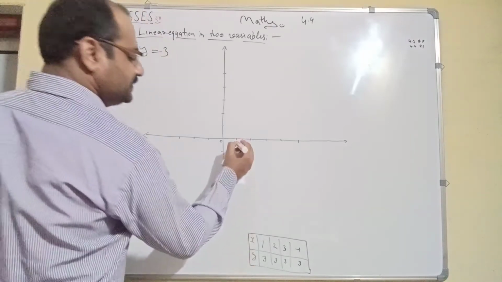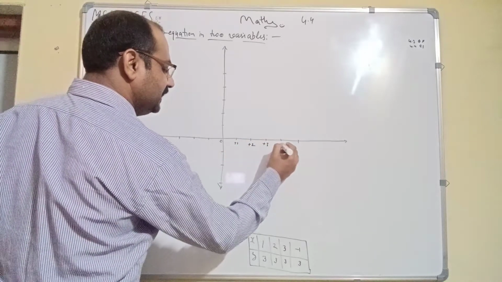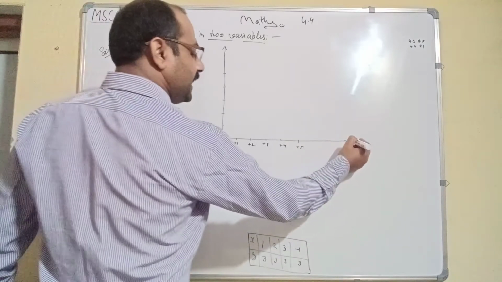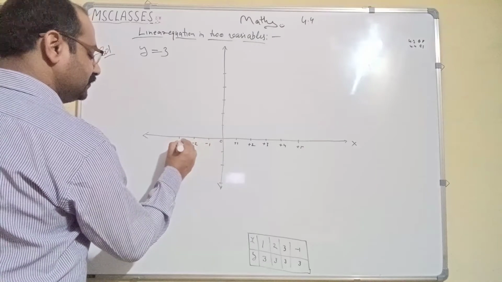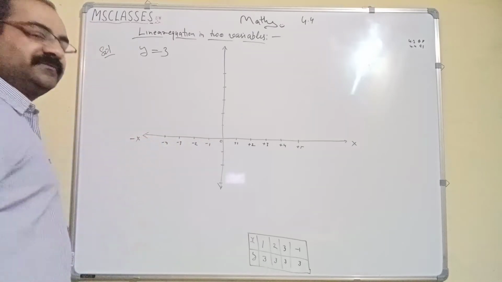Now this is plus 1, plus 2, plus 3, plus 4, plus 5 on the right side of x, minus 1, minus 2, minus 3, minus 4 on the negative side of x.